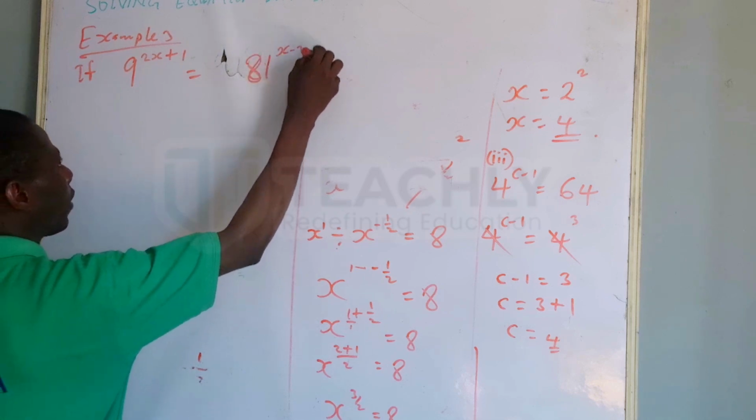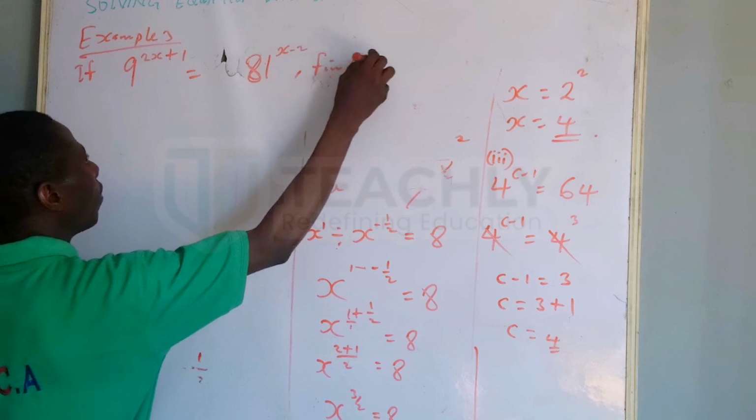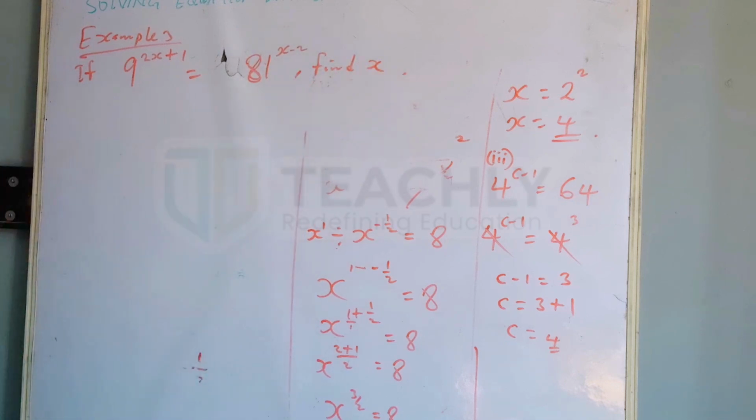The question says find x. This is a typical example of a past question. How do we solve this?